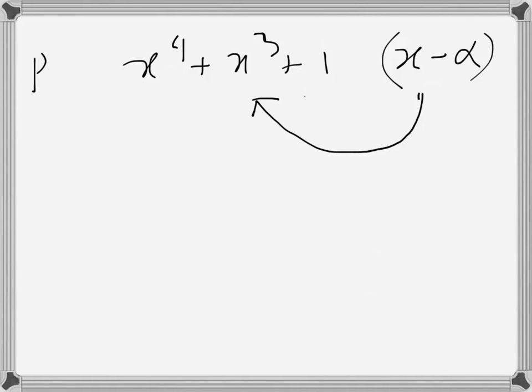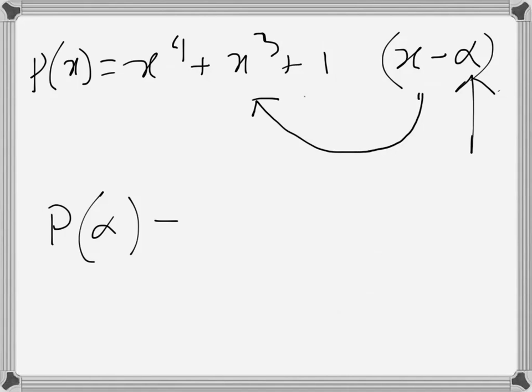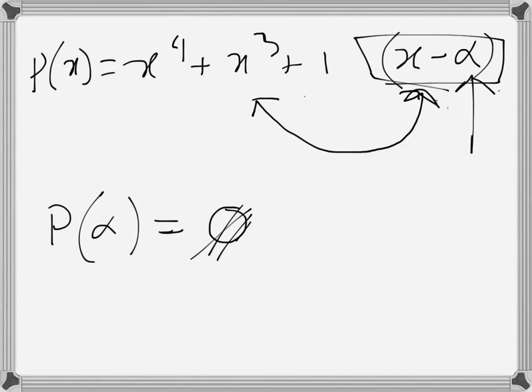So if this is the polynomial P(x), now if we plug in this value alpha there, and if the result is 0, then this polynomial is divisible by x minus alpha. And if this is a finite value, let's say minus a, then this one is actually the remainder of the division.